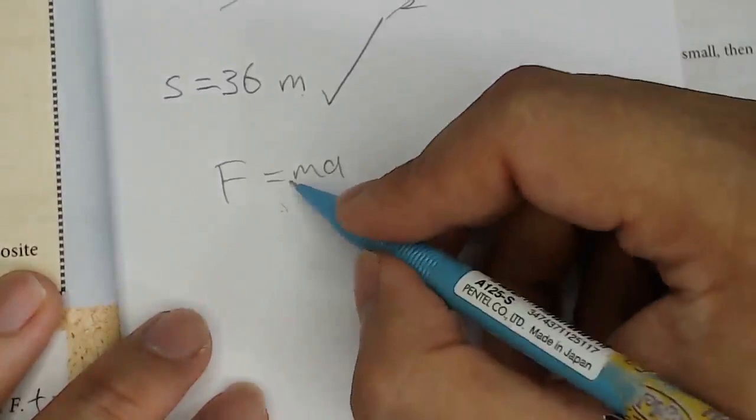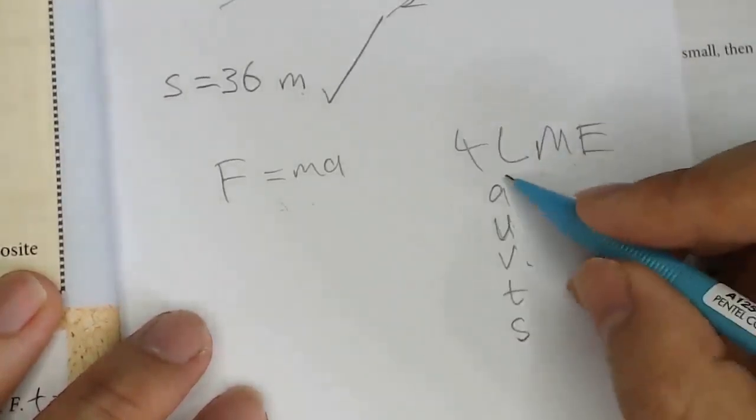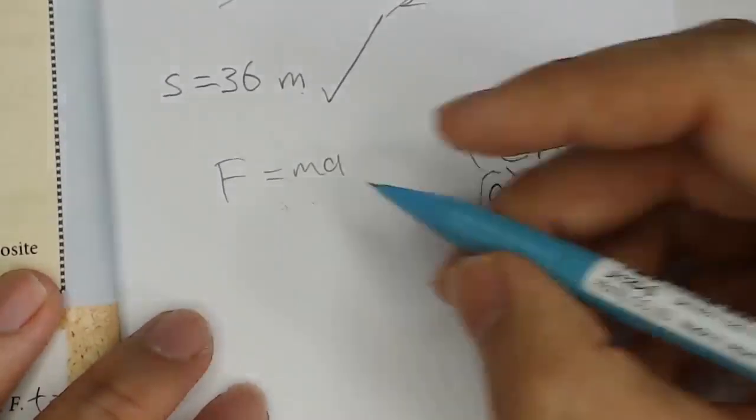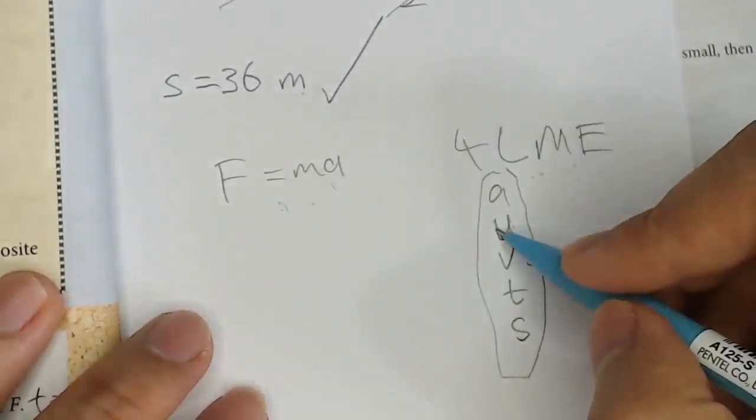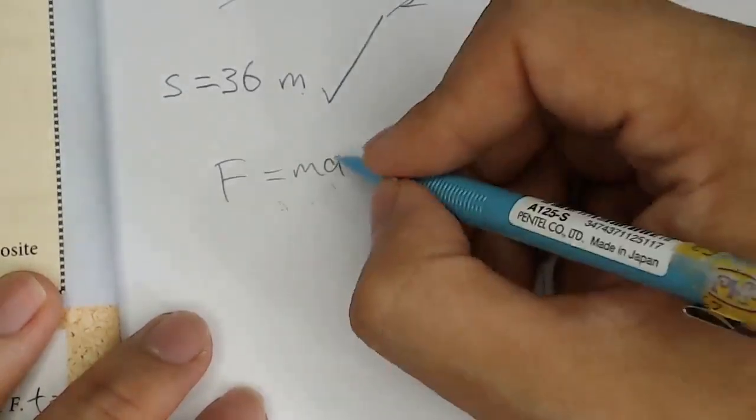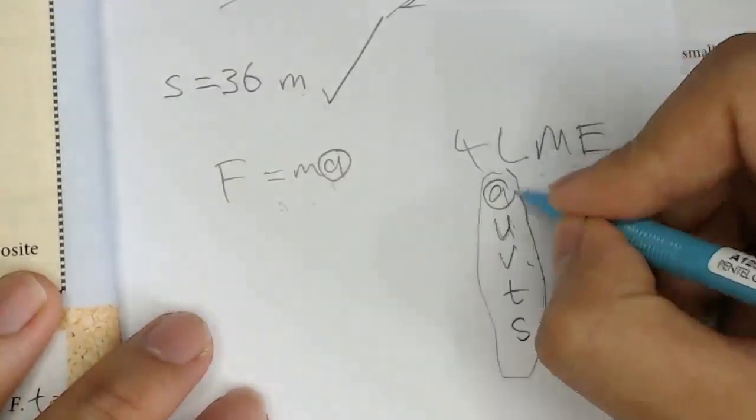How to relate this formula to this formula is because in this formula we have something similar to this. What is the component A?